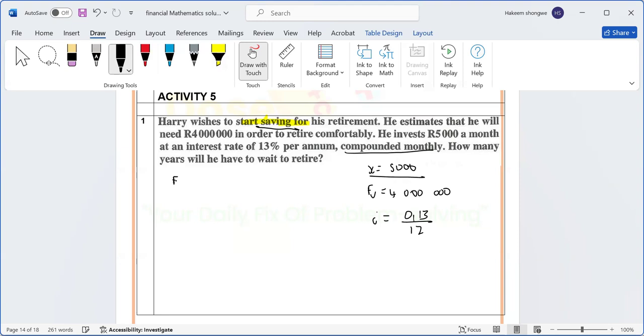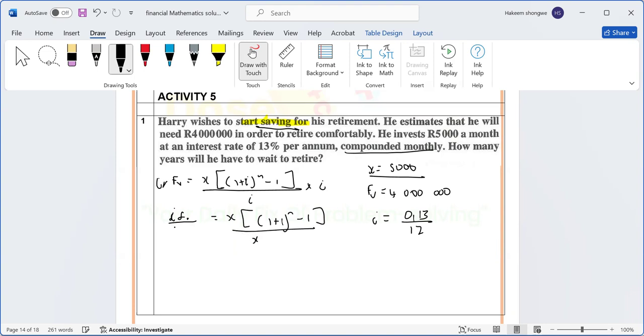So we have future value equals X, open bracket, (1 plus I) to the power of n minus 1, close bracket, all over I. The simplest thing we can do is to make n the subject. So we start by cross multiplying: I times F equals X times ((1 plus I) to the power of n minus 1).